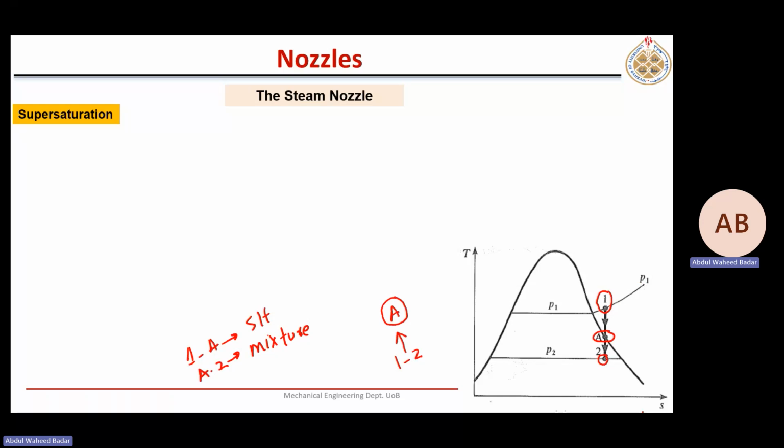They don't have enough time to condense. Here, the condensation which we see, this air is flowing, in this air there is moisture. They have enough time to condense exactly at that point where this curve is showing us, but not in the nozzle.